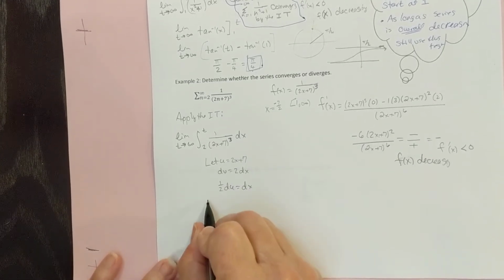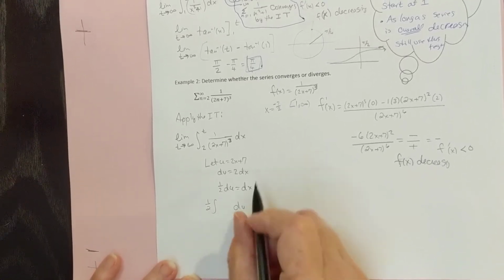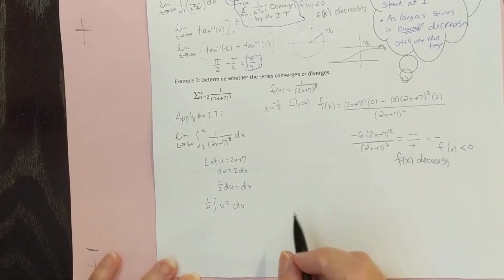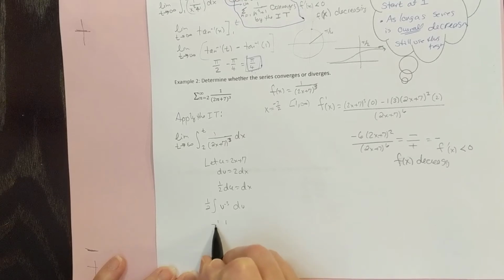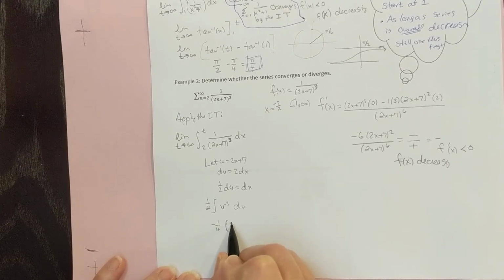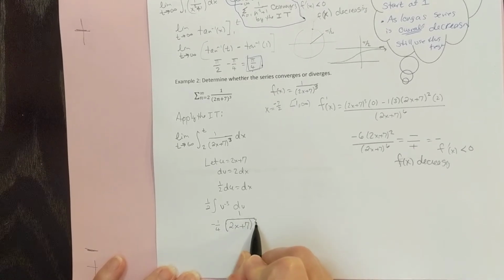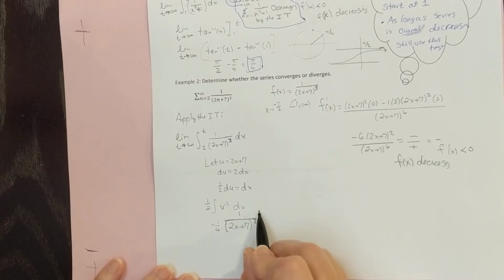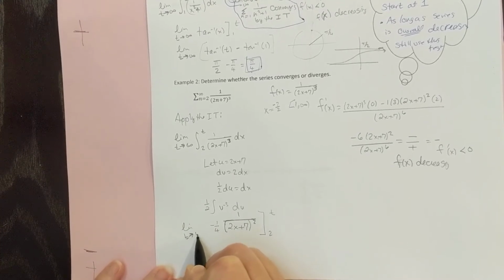If I rewrite my integral in terms of u, I'll have 1/2 times u to the negative 3 du. Let's integrate, and then I'll put my limits back in. This is u to the negative 2 divided by negative 2, so that's going to be negative 1/4 times (2x plus 7) to the negative 2, or 1 over this squared. So let's evaluate this from 2 to t, the limit as t goes to infinity.